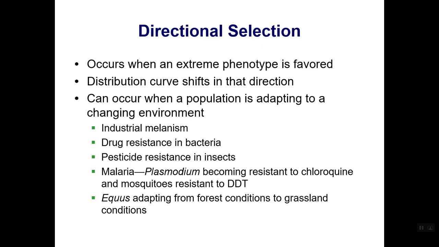All right, so what I was just referring to is a type of selection called directional selection. This occurs where an extreme phenotype is favored. Again, in my scenario, if really short people were selected for, it was a fit trait for our environment.